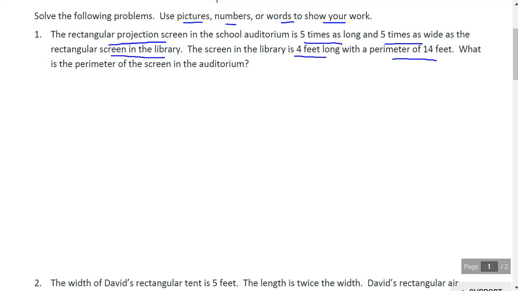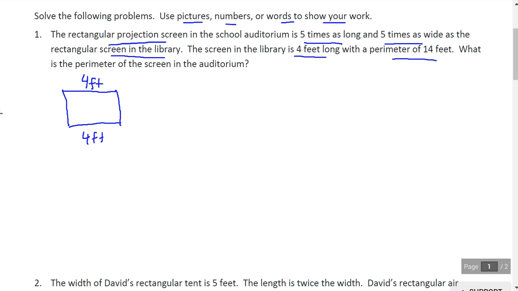Well, let's try to figure this out. If we've got a screen in the library, we need to find that out first. It is 4 feet long. We know that's 4, then we also know that this has to be 4 feet. And then it has a perimeter, so the whole thing.